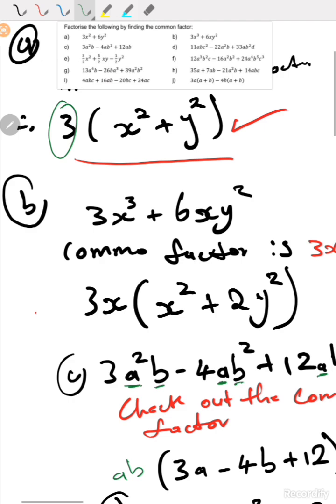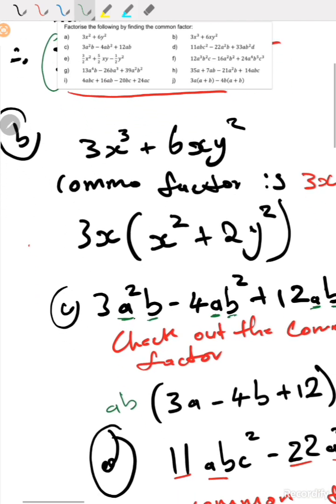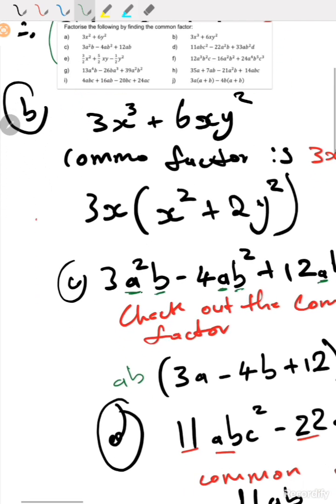Then the second one is 3x cubed plus 6xy squared. On this one you also have to check the common factors of this equation, which in this case is 3 and x.